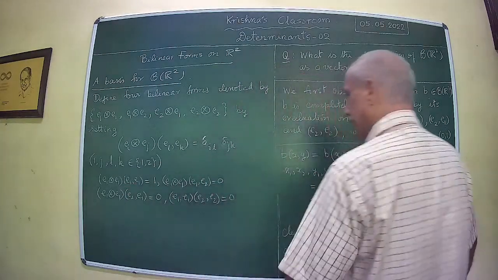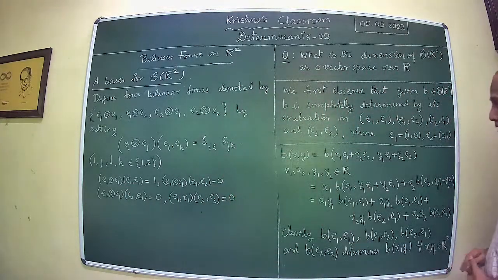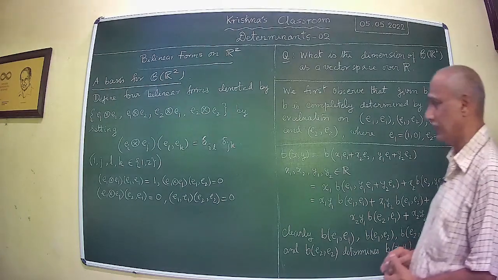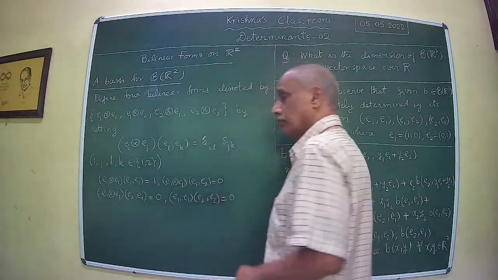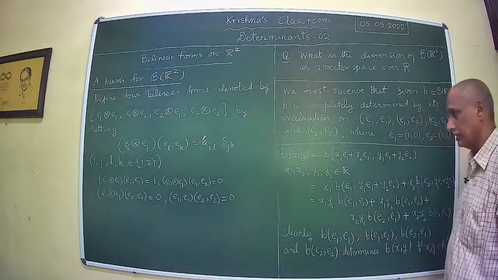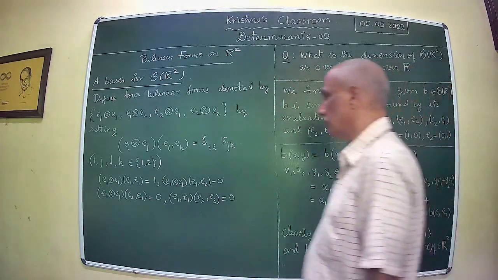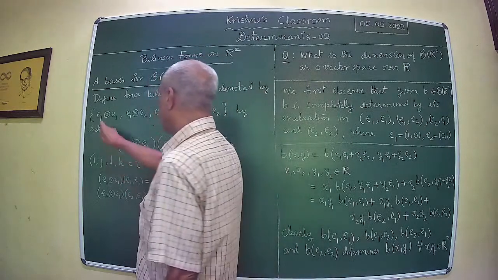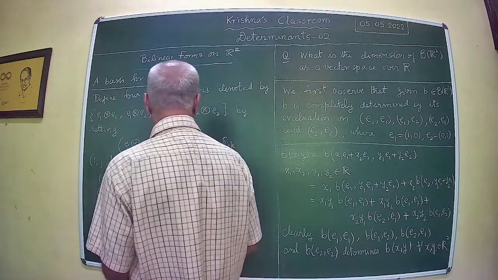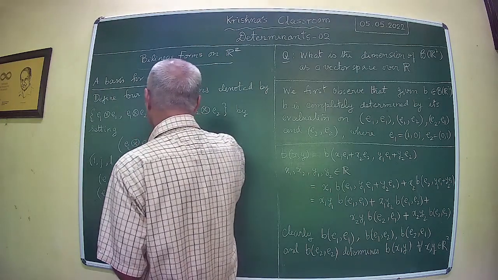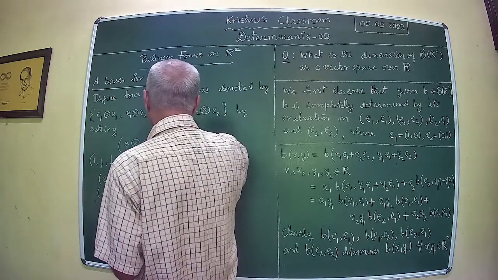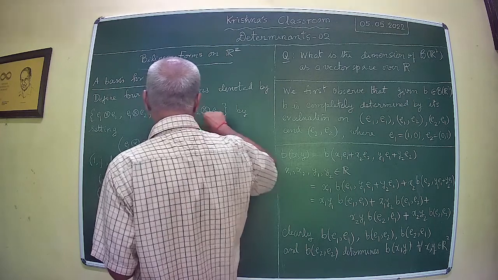I have already shown that once it is fixed on (E1, E1), (E1, E2), (E2, E1) and (E2, E2), the corresponding bilinear form is completely determined. Okay. Therefore, the bilinear form E1 tensor product E1 is defined. So also E1 tensor product E2, E2 tensor product E1, E2 tensor product E2.